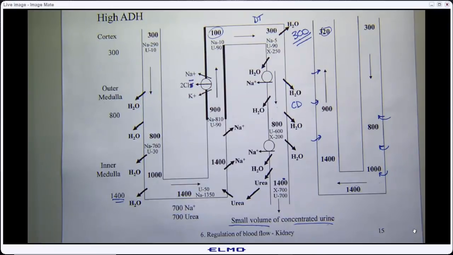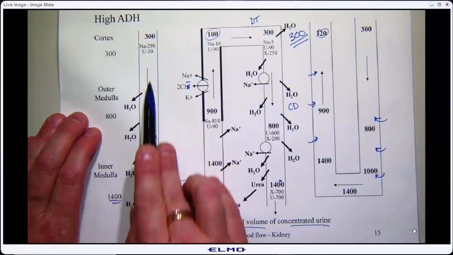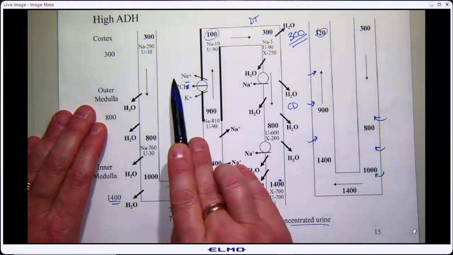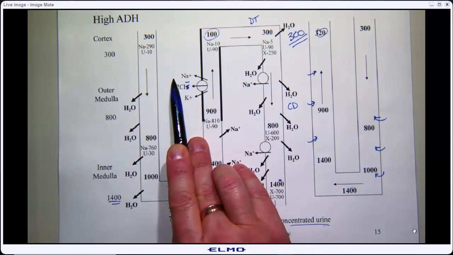But those 20 milliosmoles have to be somewhere. Okay, they're in the medullary space. So what the vasorecta did was remove less solute from the medullary space. You see that? We removed less solute. So slowing flow down in the lumen of the tubule removed more solute, right, into the interstitial space.